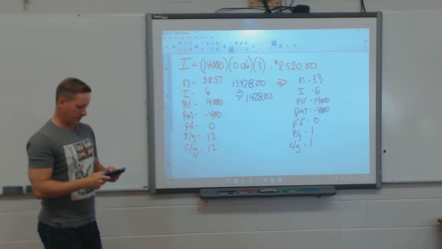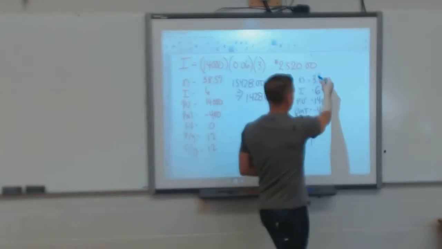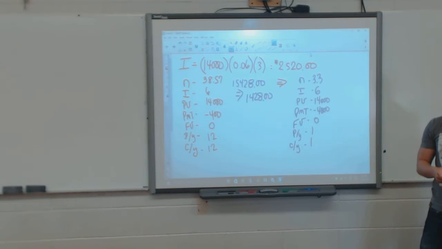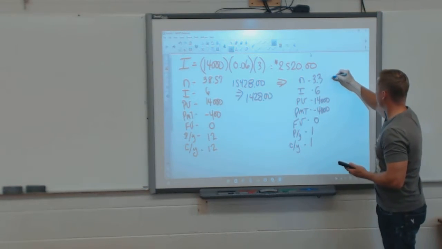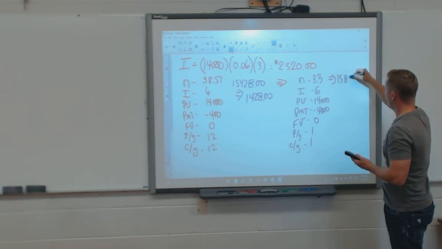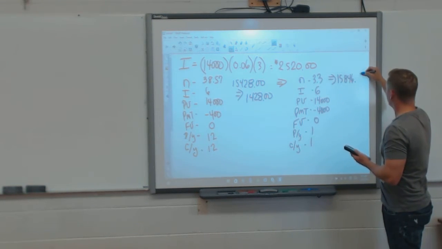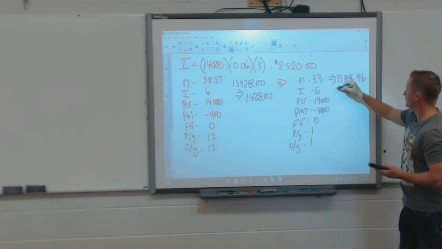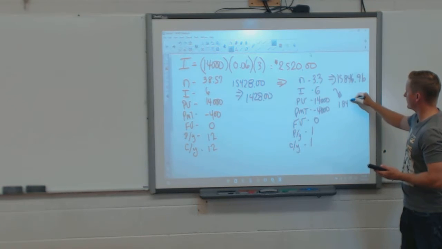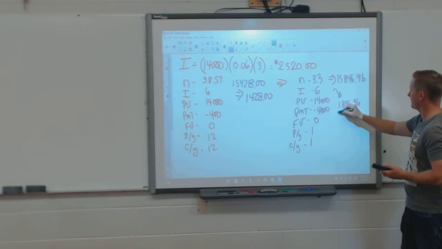Actually, I'm going to try something else here. I don't like the accuracy on this. So for this one I'll go 3.30, and I'm going to times that by 4,800. I get 15,846.96 as the total amount paid, which means the interest is 1,846.96.